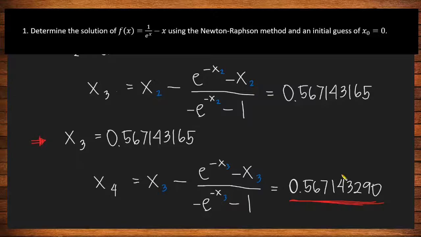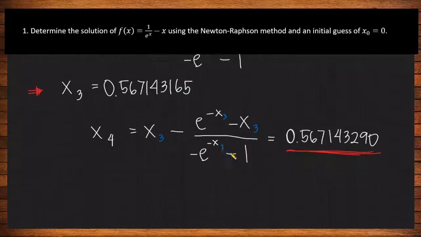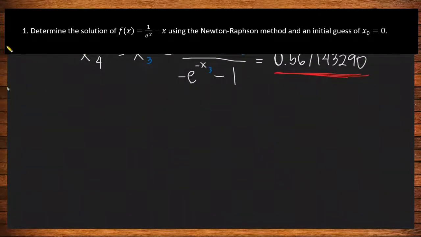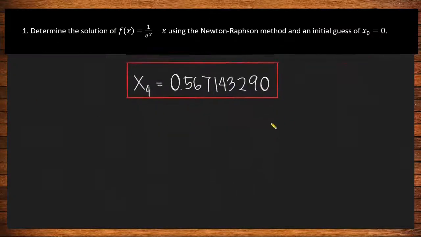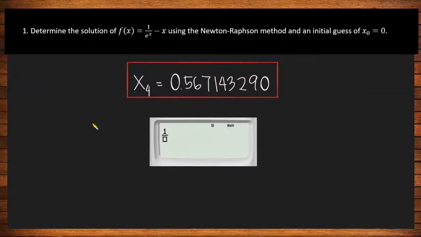As we can see, the method rapidly converges on the true root. After only 4 iterations, we have obtained an estimated solution for our function. If we try to compare that to the solution from our scientific calculator, as you can see, equal lang yung dalawang values.